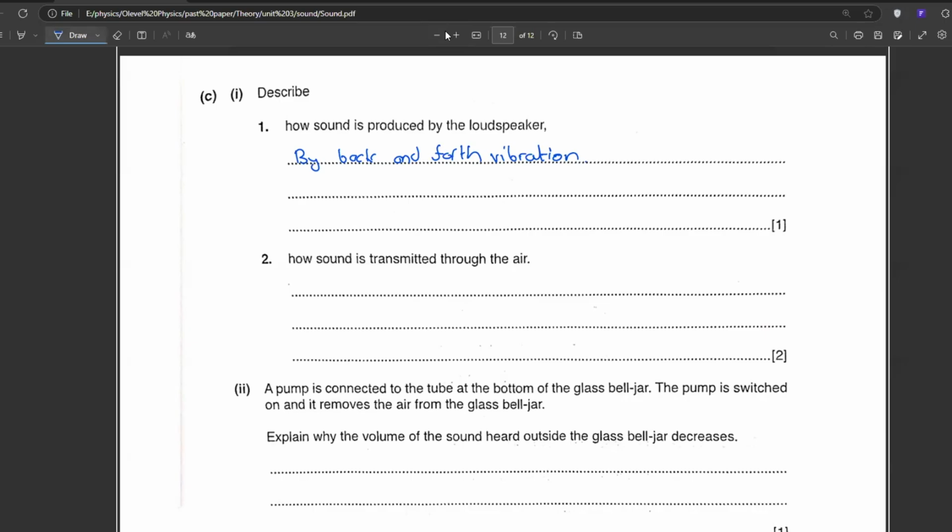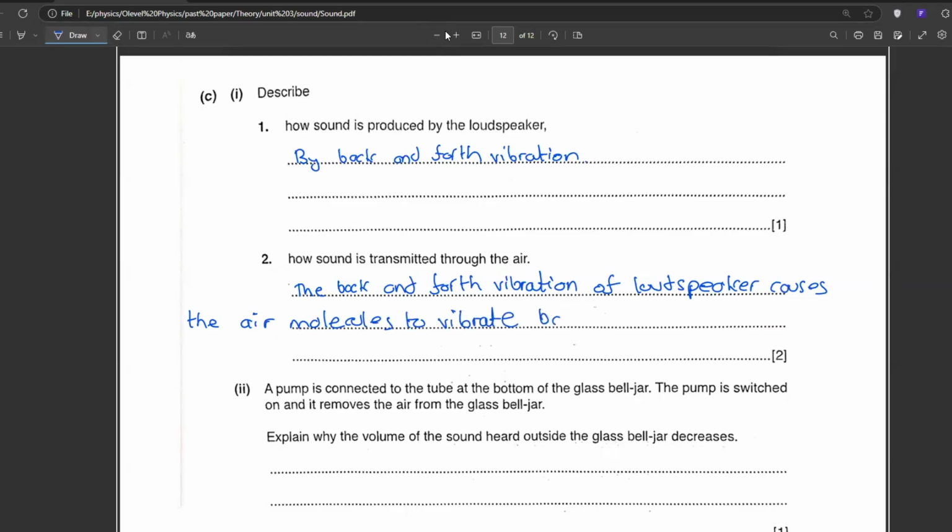How is sound transmitted through air? The back and forth vibration of the loudspeaker causes the air molecules to vibrate back and forth.